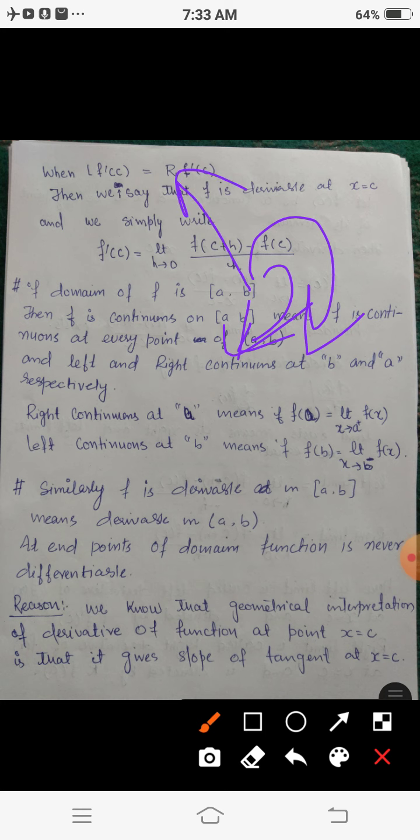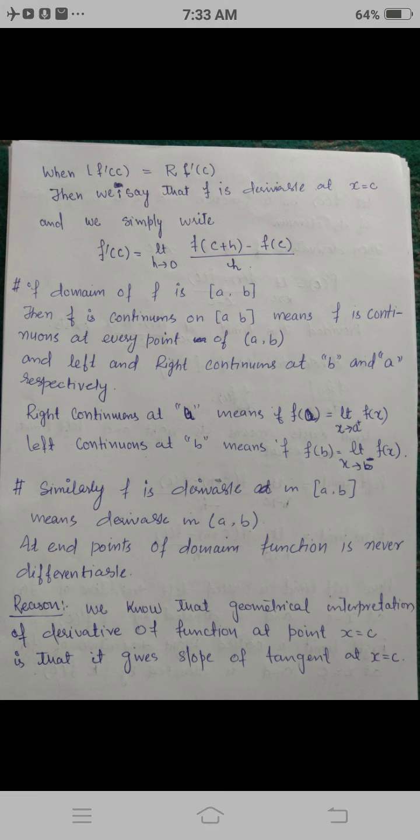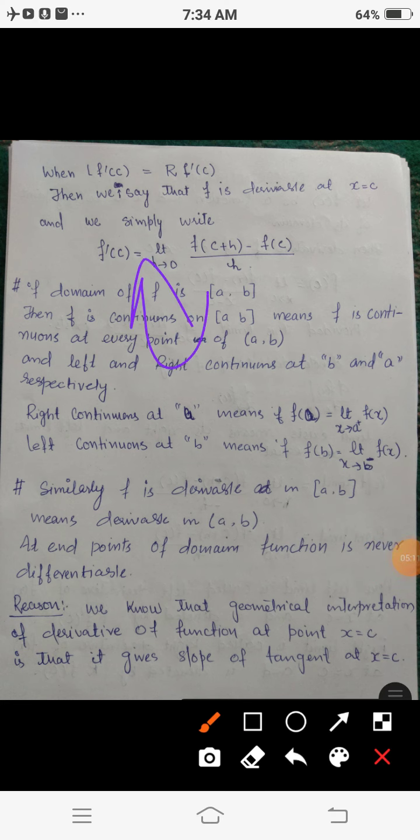So at b we can only find the left limit, the limit as x tends to b negative of f of x. When this limit exists and equals the value of the function at b, we say it is left continuous. Similarly, at x equals a we cannot find the left limit, because the function is not defined for points less than a, although we can find the right limit, since points greater than a lie between a and b.